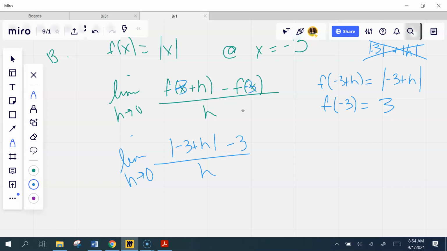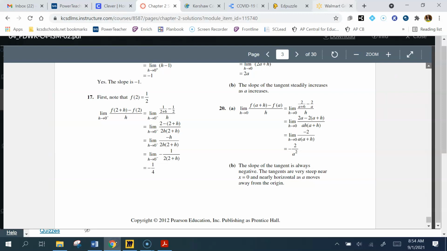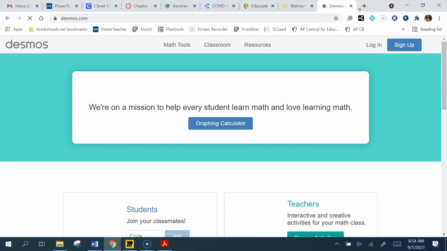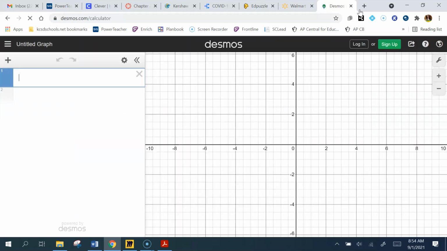I would say, since this is a calculator problem, I would graph this. What does that look like on a graph? Absolute value is going to look like this. All right, what's my equation again?